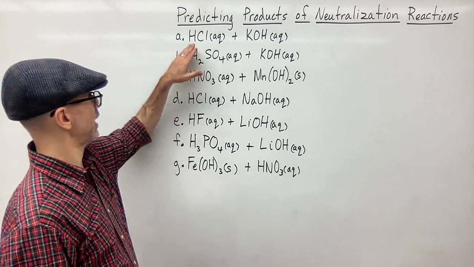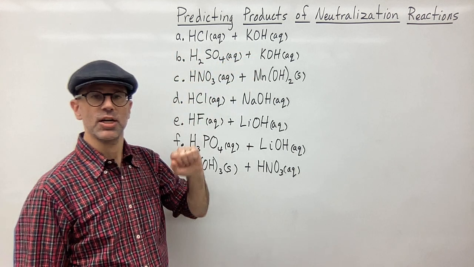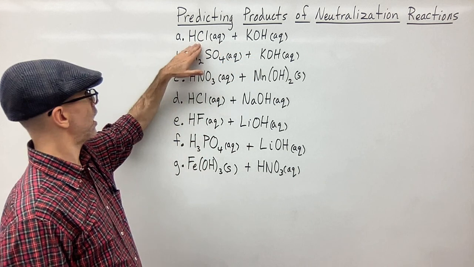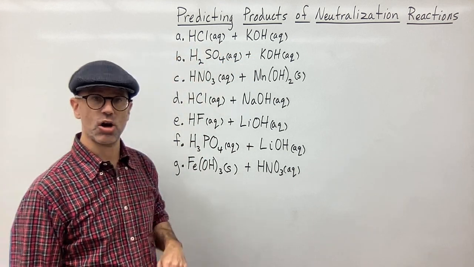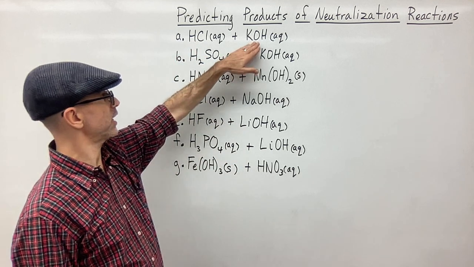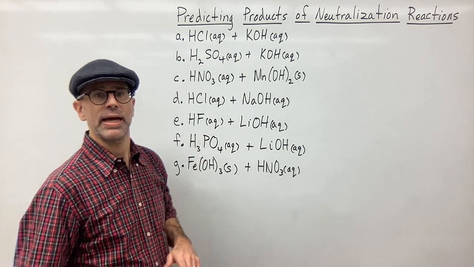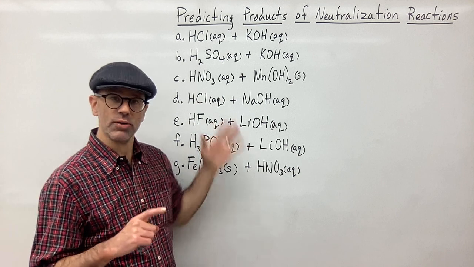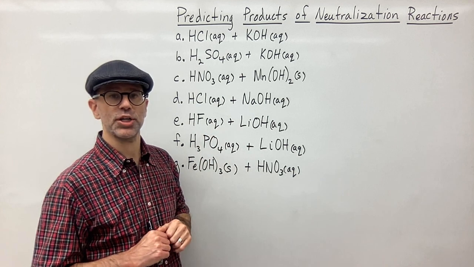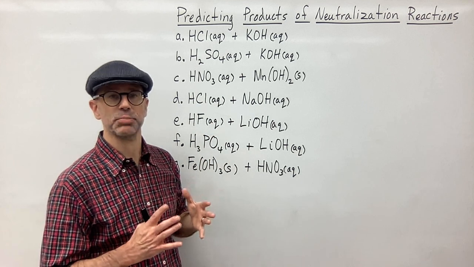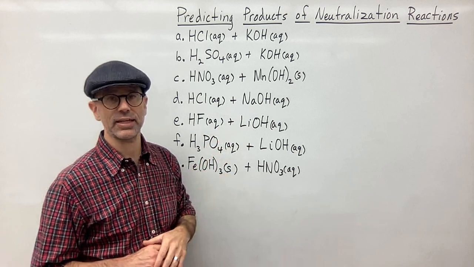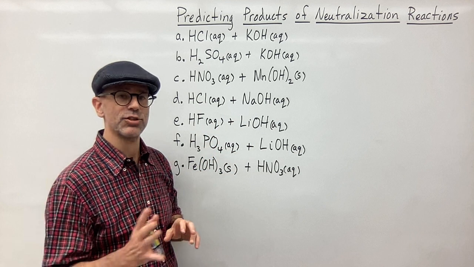So here we have HCl and KOH. HCl is hydrochloric acid. That's our strong acid. And here is a strong base, potassium hydroxide. In all of these examples, we're going to assume that everything reacts completely. All the hydrogens react completely with all of the hydroxides.